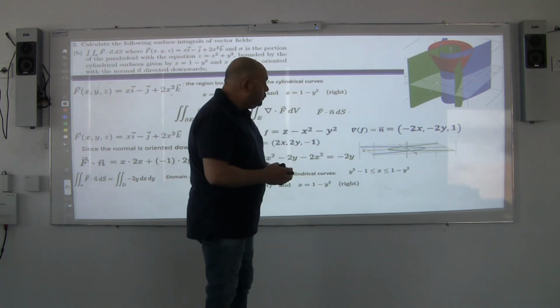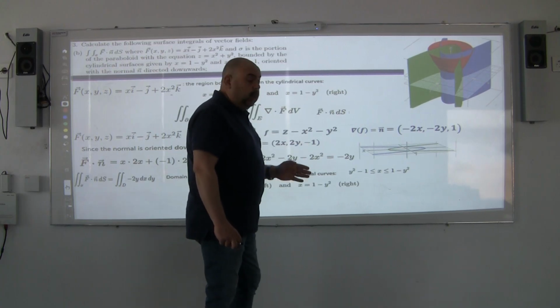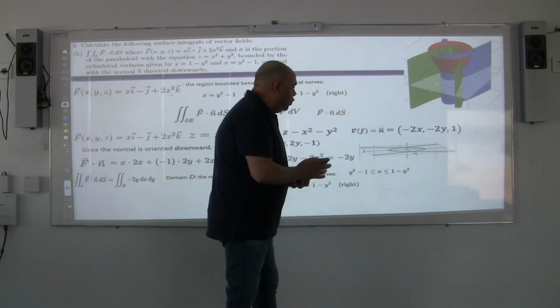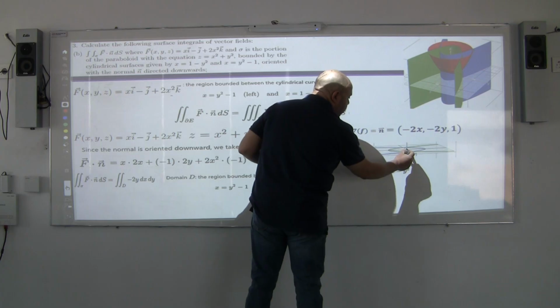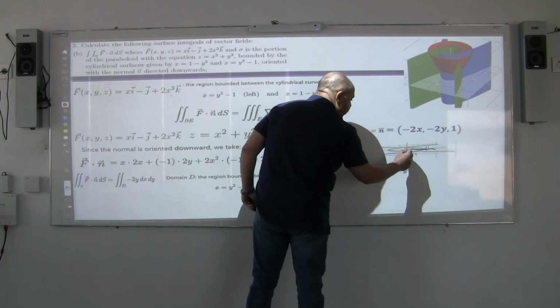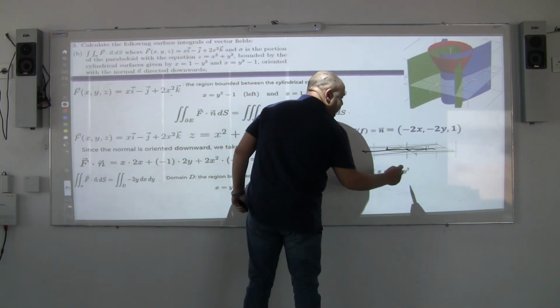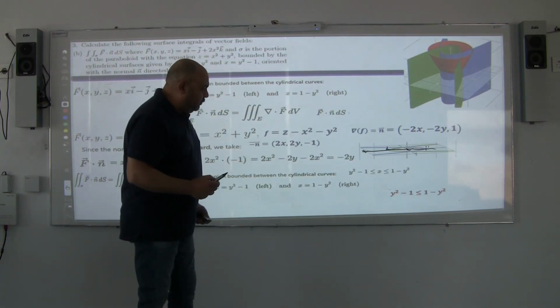If I consider x equal to 0, y equal to 0 to get the intersection at the x-axis. So when y equal to 0, I'm talking about this line here. I will have negative 1, and the extension for the x direction is going to be positive 1. So x actually will run from negative 1 to positive 1.